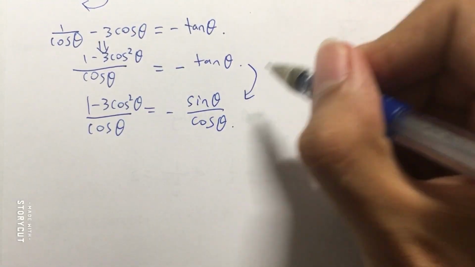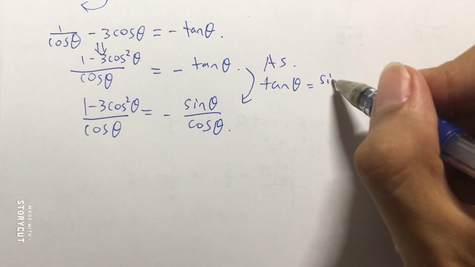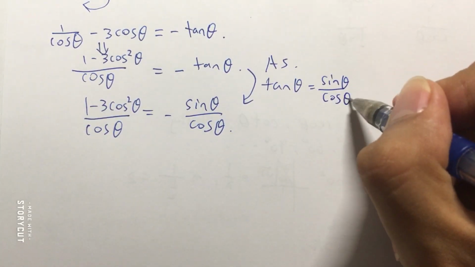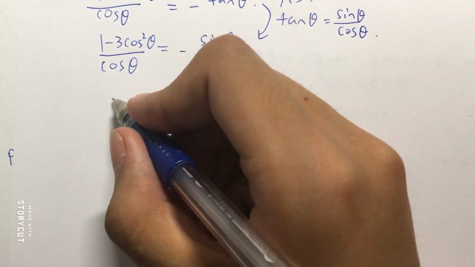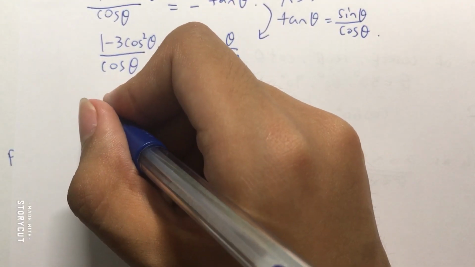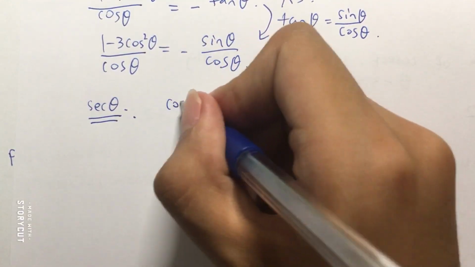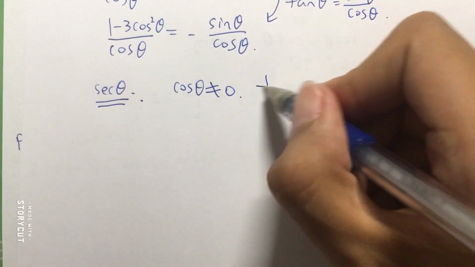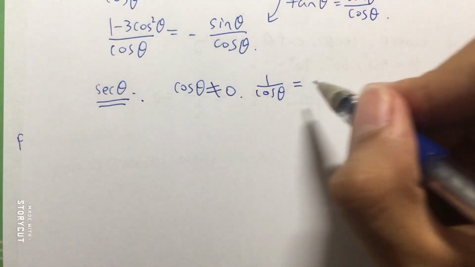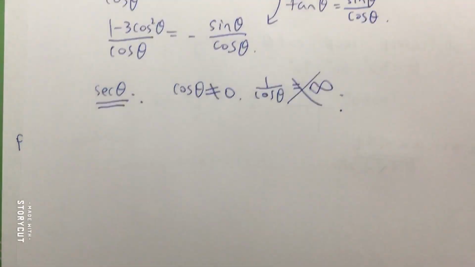Well, this part we learned in AS, which is tan theta is equal to sine theta over cosine theta. And now, because we know that there is secant theta here, cosine theta can't be equal to 0, because otherwise 1 over cosine theta will equal infinity, and that is not true.